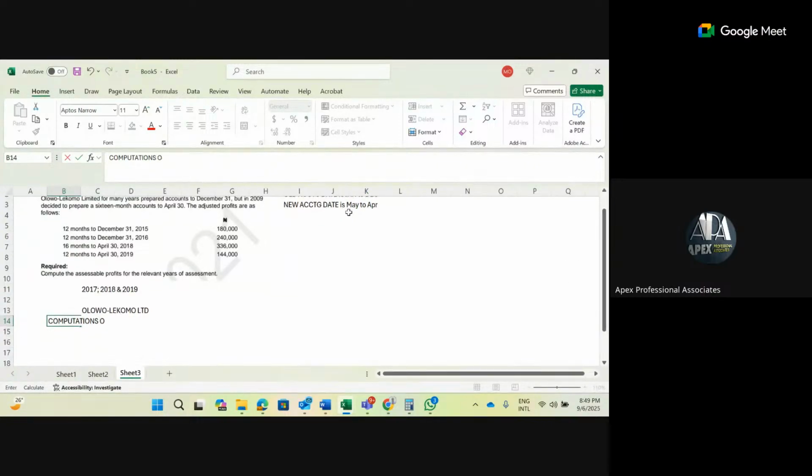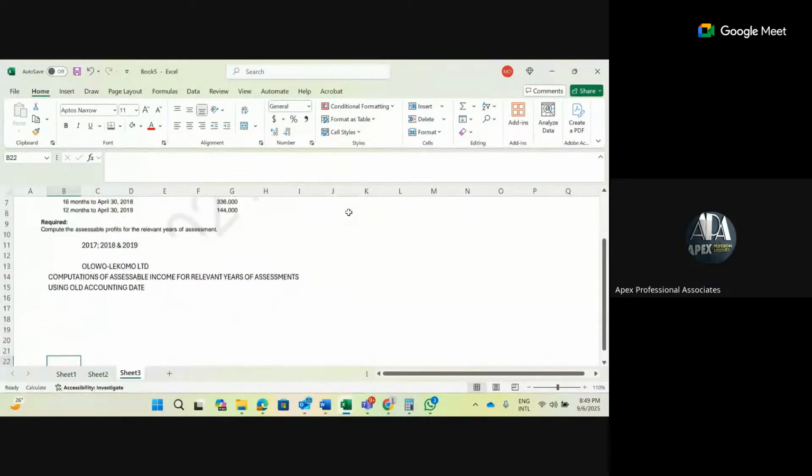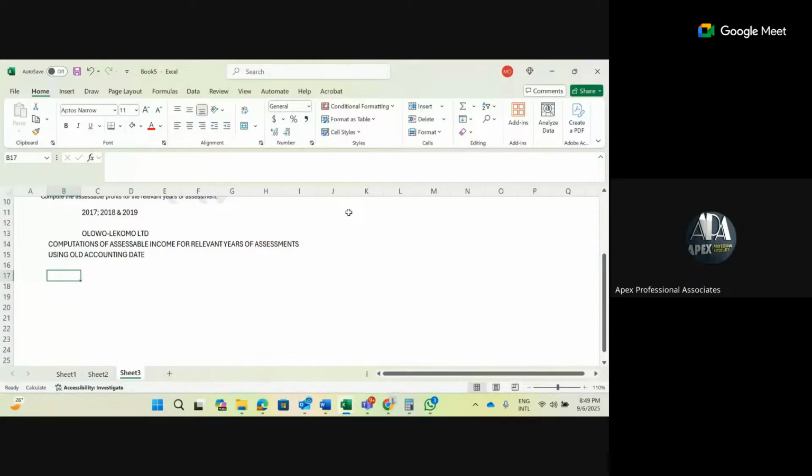So, computations of assessable income or profit for relevant years of assessment using the old accounting date.